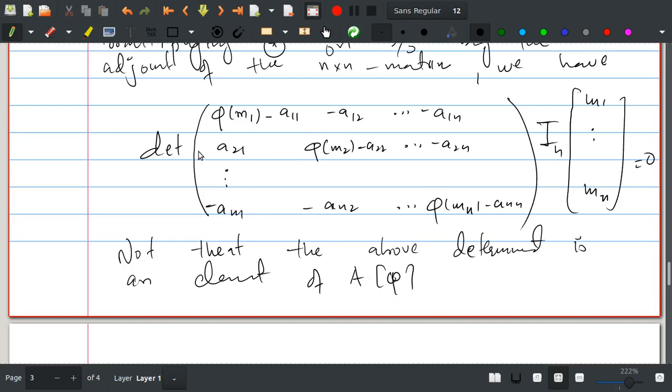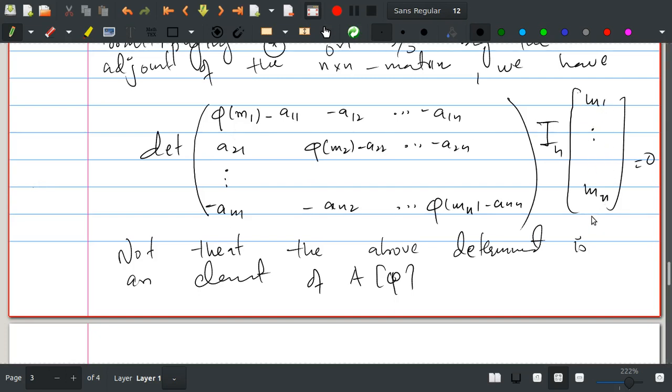Now this determinant is actually an endomorphism of M, but this endomorphism is such that it annihilates this vector.